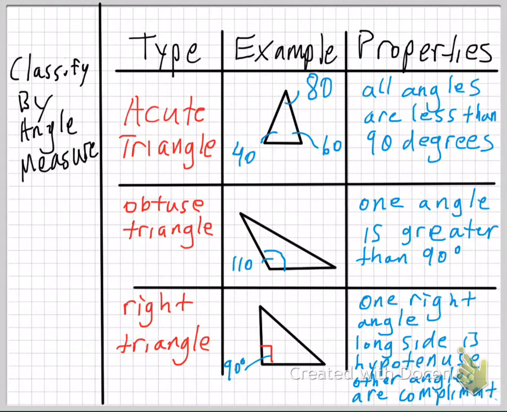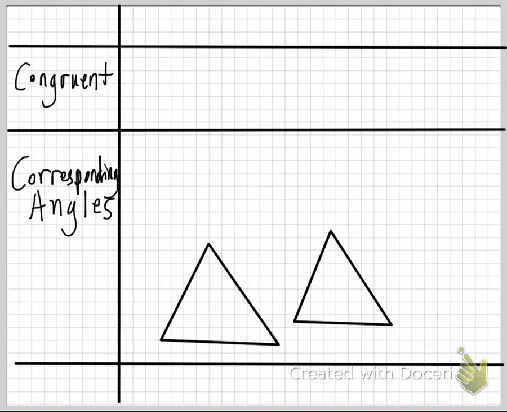And remember, complementary means that they add to 90 degrees. All right, so that's all the ways that we can classify a triangle by its angle measure.